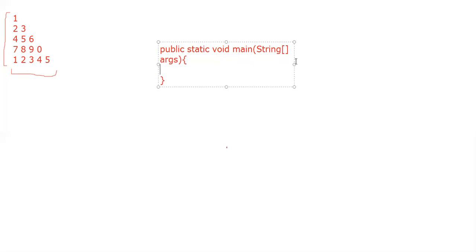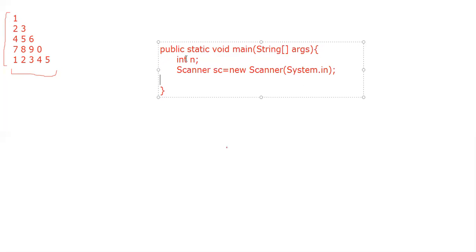This is the main function in which we will write the code. We have to make an object of the scanner class. So it will be Scanner sc equal to new Scanner(System.in). I guess you have understood this.